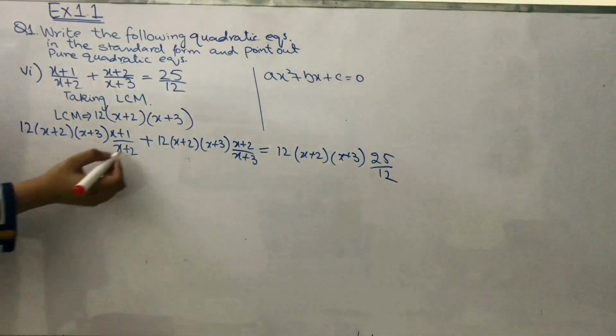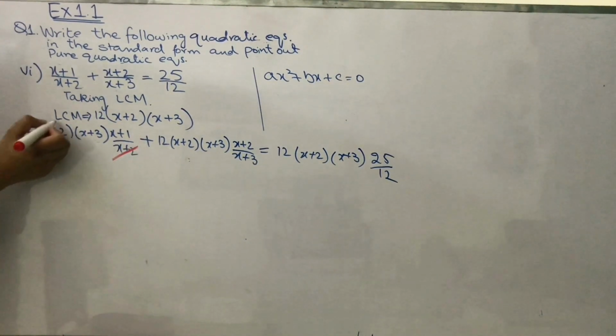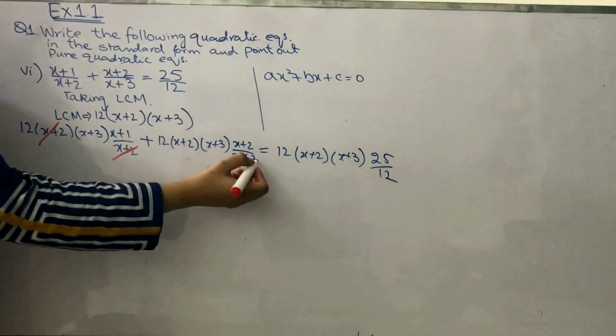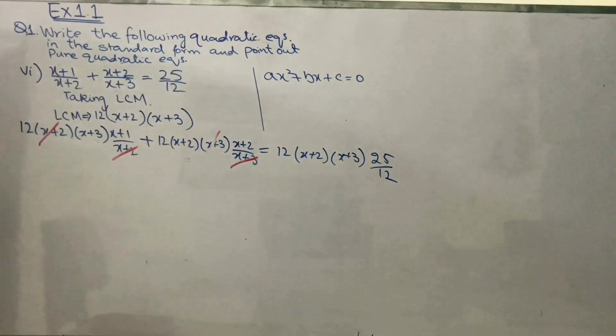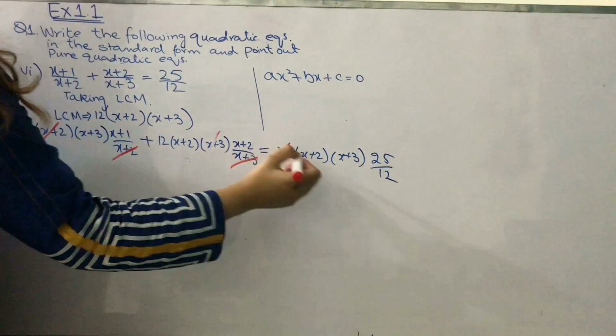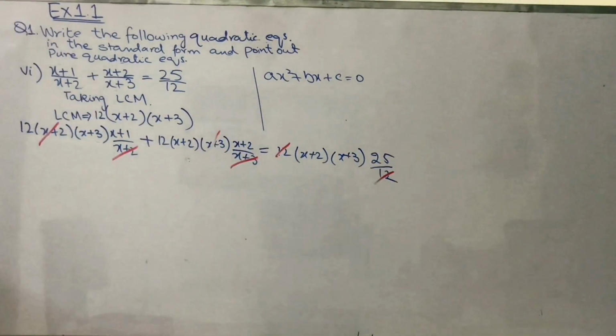Next step is you will do the cancellation where possible. You can see x plus 2 can be cancelled out with this. Here x plus 3 can be cancelled out with this, and here 12 can be cancelled out with the denominator.